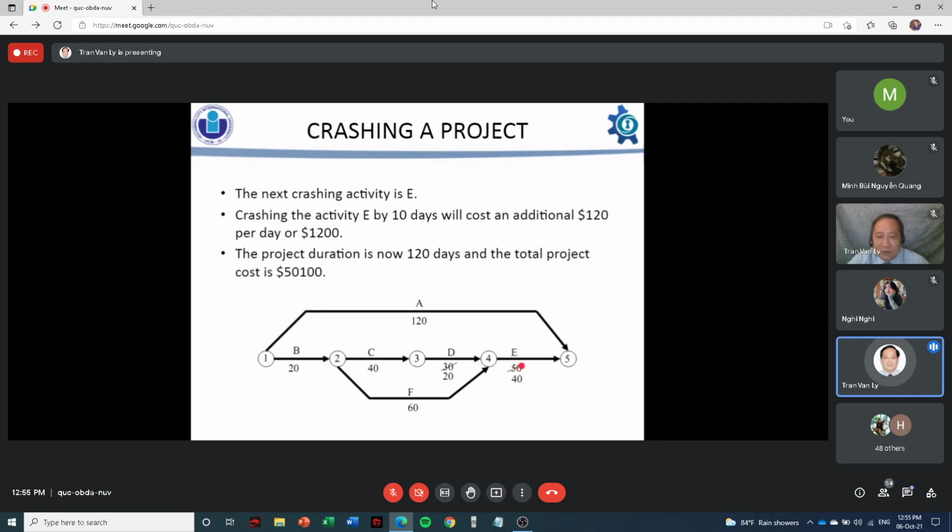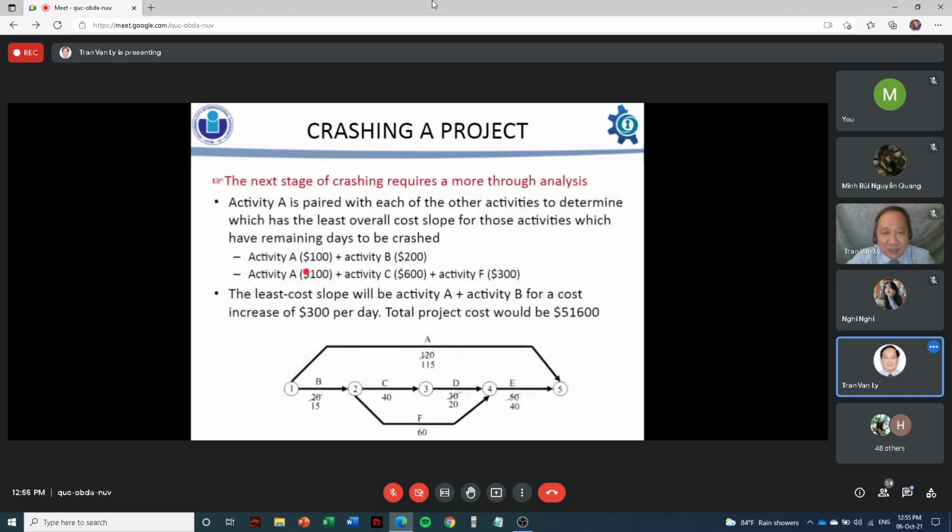So with that we can also sum up. So far to reach 120 days. This is called step by step. We review the critical path, and we compare alternatives, on this course A and B, one by one.